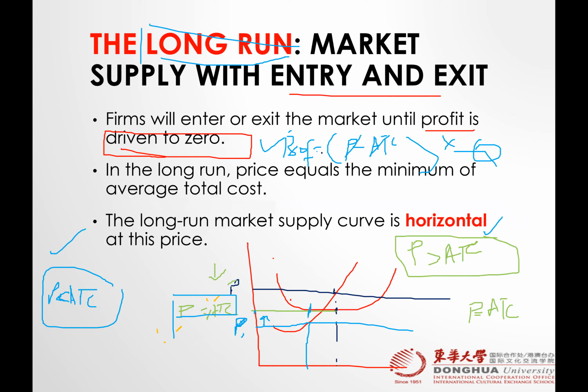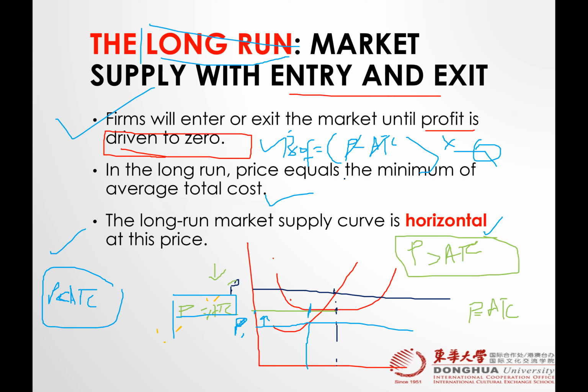Right, guys? That's what we meant by firms will enter or exit the market until profit is driven to zero. So at this point, when price is equal to average total cost, no new firm will enter the market, no existing firm will exit the market. So in the long run, price equals minimum average total cost.